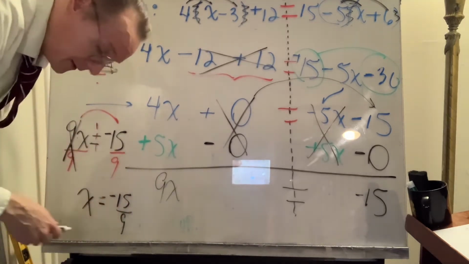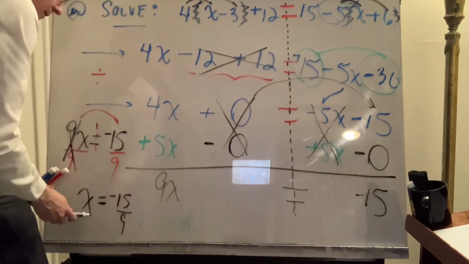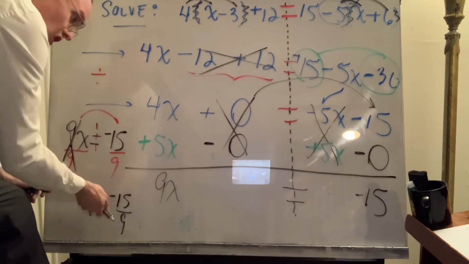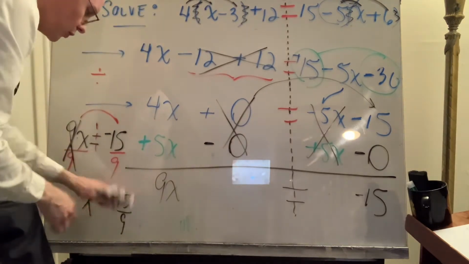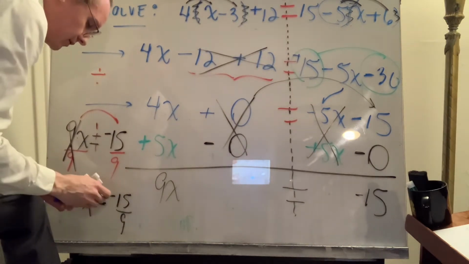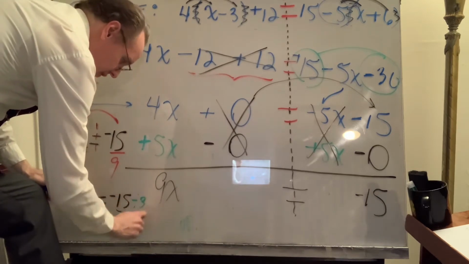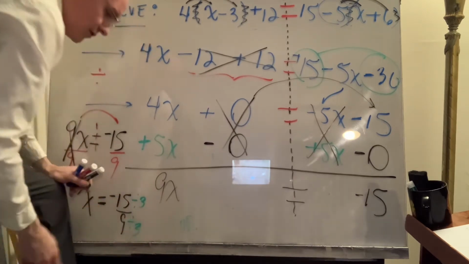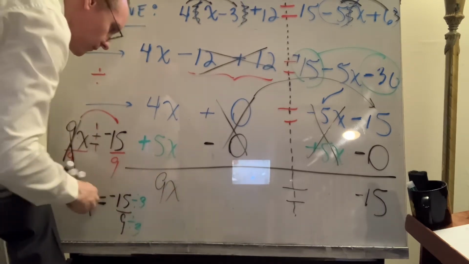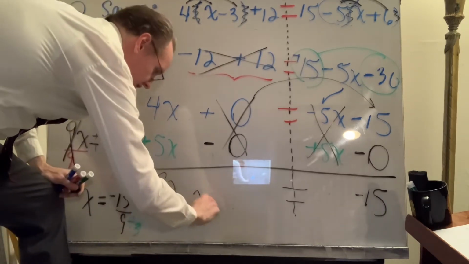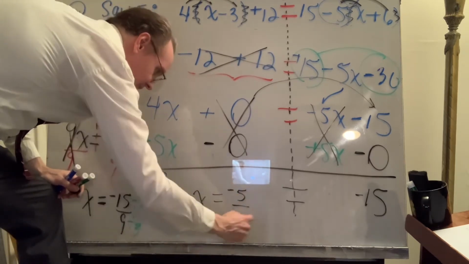Now that is done, except that it can be simplified at this stage, if you like. Sometimes you can't, all right? But it is the form of letter equals number, even an unsatisfying improper fraction, granted. If you know your multiplication tables by heart, and it would be good, all right, you would recognize 15 and 9 from the multiplication tables of 3, which means that they can each be simplified by dividing them by 3, and therefore, when all is said and done, this is negative 5 over 3.